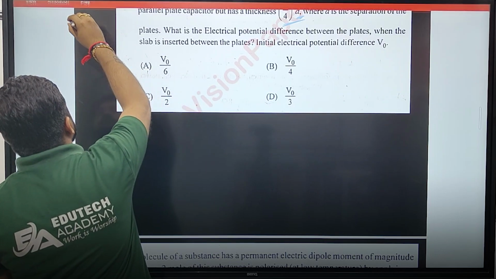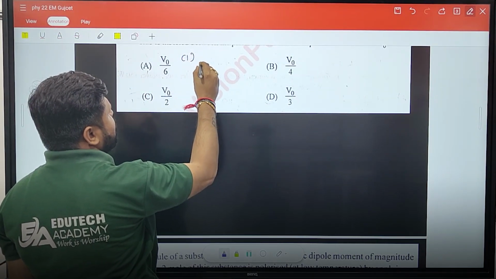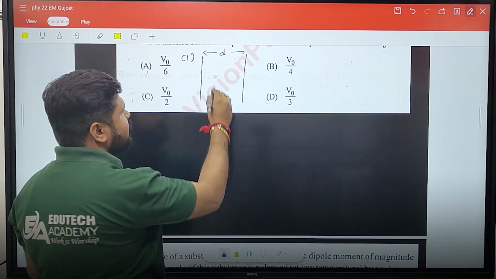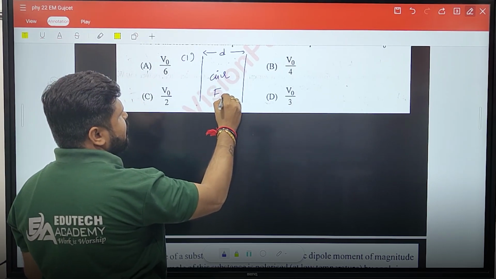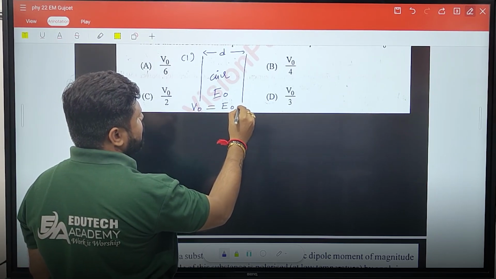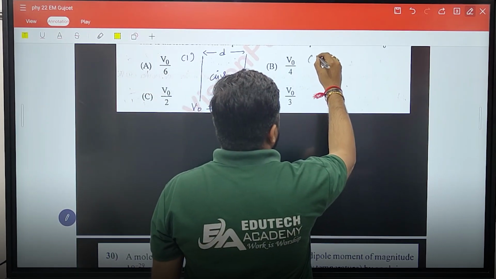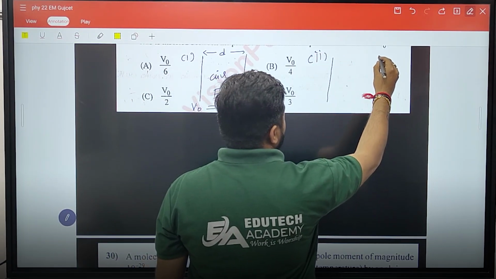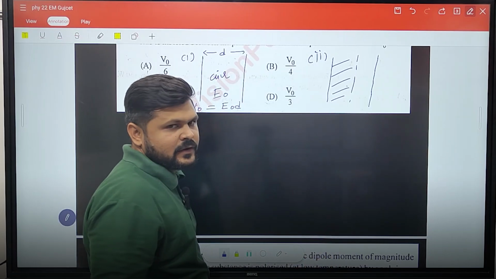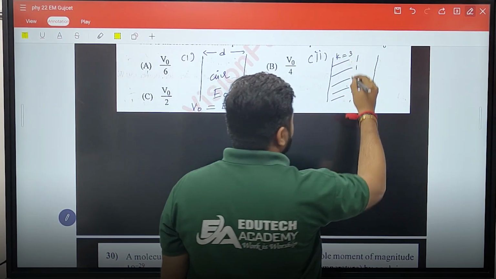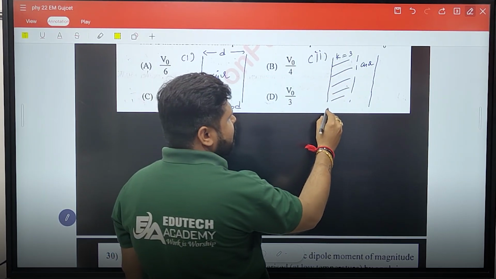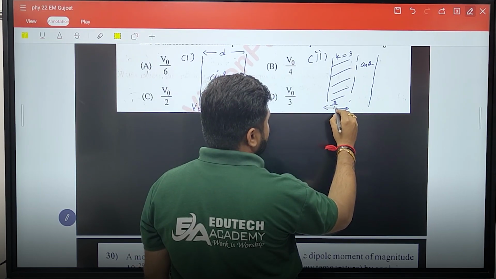Suppose in the first case there is one parallel plate capacitor whose distance between the two plates is D. Suppose the electric field between these two plates is E0, and the potential difference V0 will become E0 D. Now the second case: in this capacitor, in 3 by 4 D thickness, one dielectric material is inserted whose dielectric constant is 3, and in the remaining space there is only air, and this dielectric material is inserted in a thickness of 3 by 4 D.